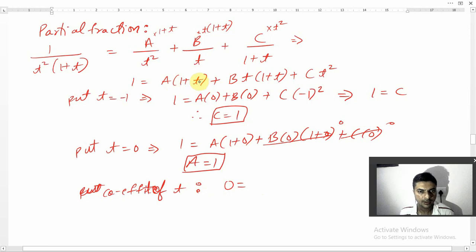If you multiply a into t, a is becoming the coefficient of t. Now b, if you multiply here, you get b into 1, and easily one can identify 0 is equal to a plus b. That implies a is 1 already. So 0 is equal to 1 plus b, or b is equal to minus 1. Just substitute all these values in this.